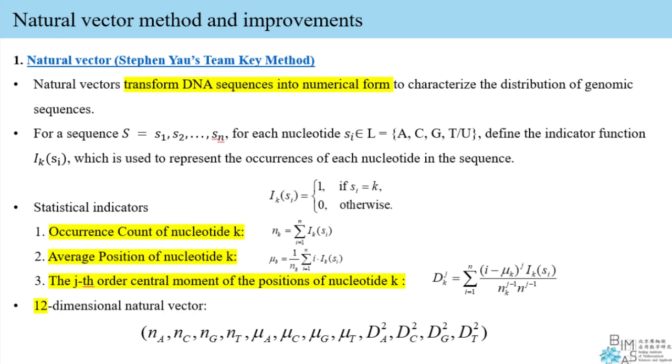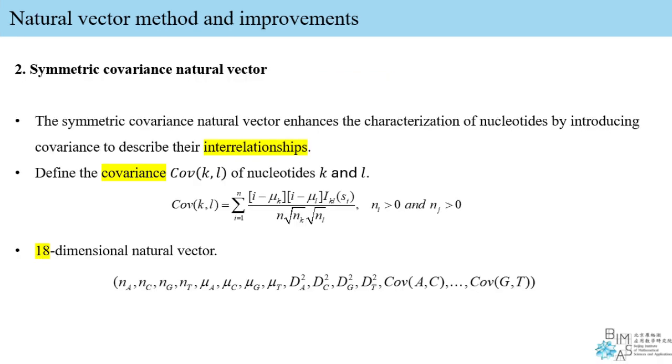So we have some improvements. One of them is the symmetric covariance natural vector. In the original one, we only studied single characters, ACGT, even for the high orders. But in a sequence, the position and relationship matter: A followed by C is not the same as A followed by T, right?